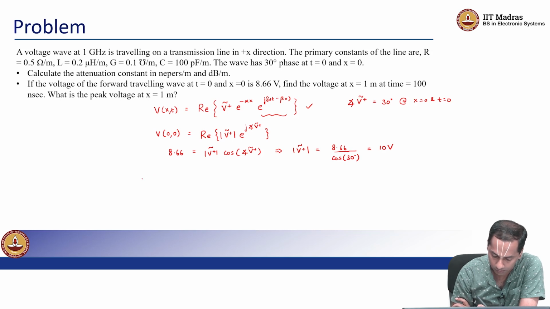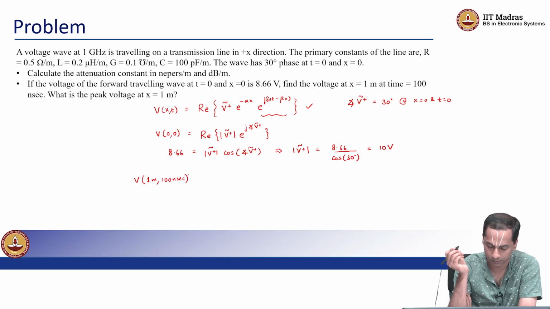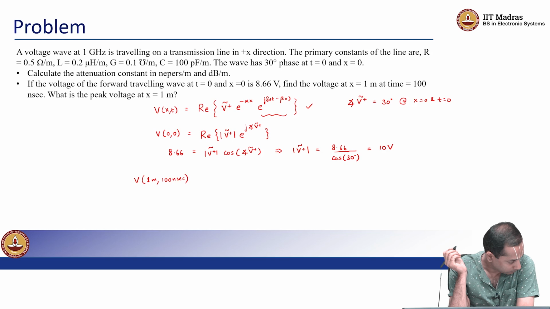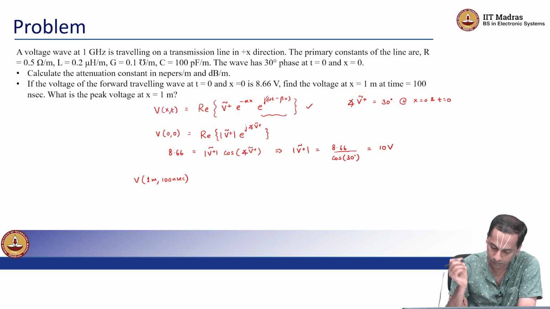Okay. So we are going to say that V of x equals 1 meter and t equals 100 nanoseconds. Okay.